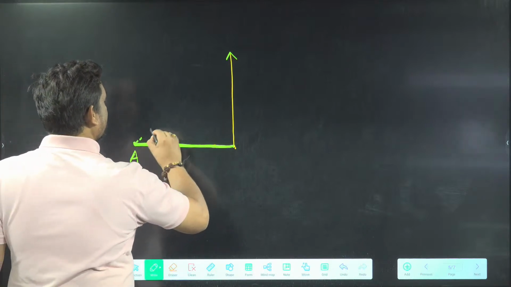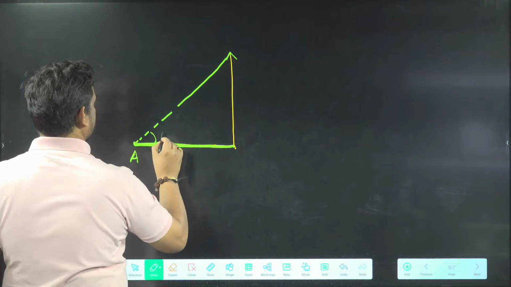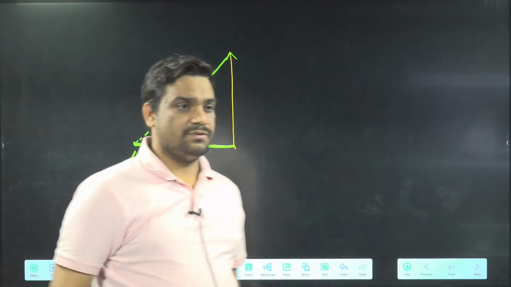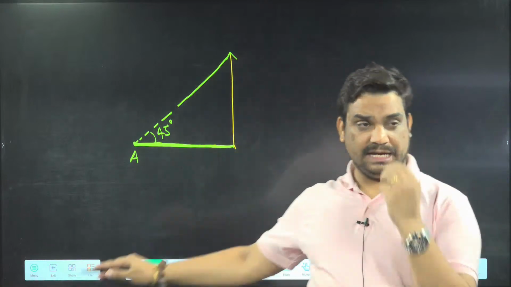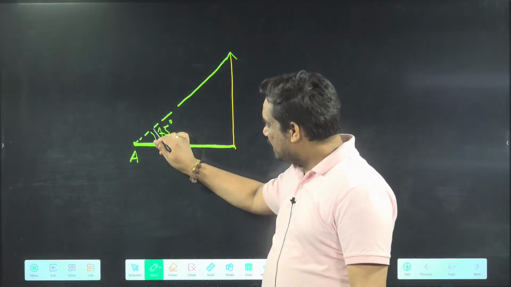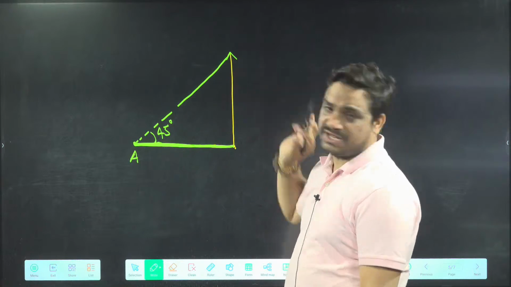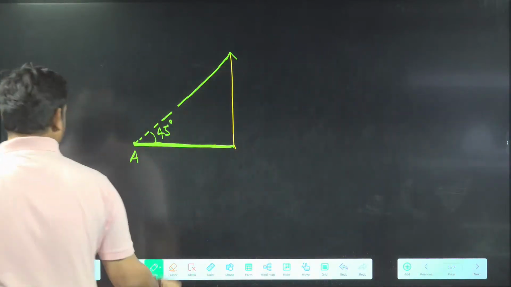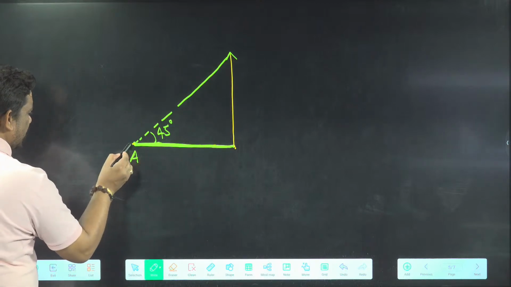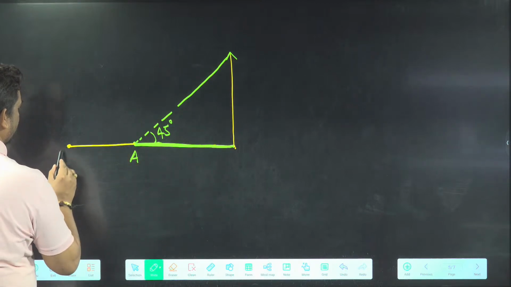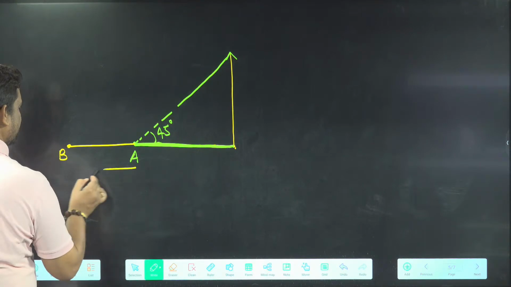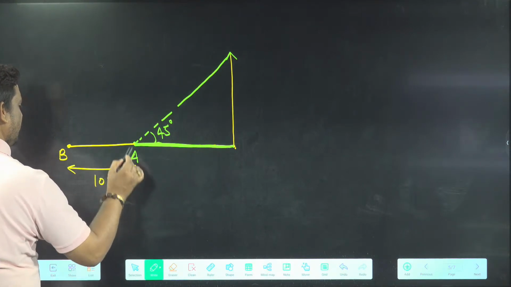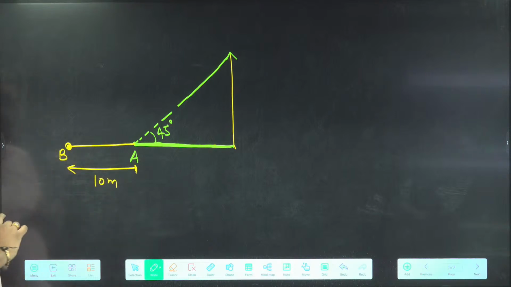Here the angle is 45, it subtends an angle of 45 degree when it is moving to the point A. Then they are saying that it further moves by 10 meter from A. This one is 10 meter given. 10 meter is from A to B. This distance is given.